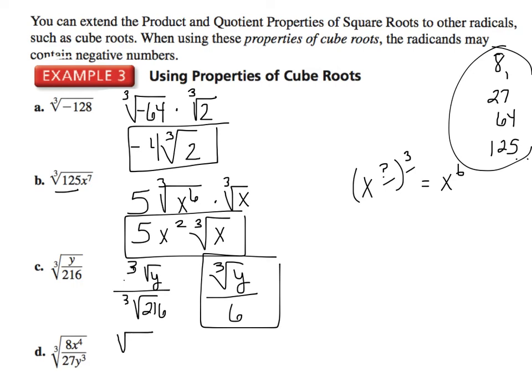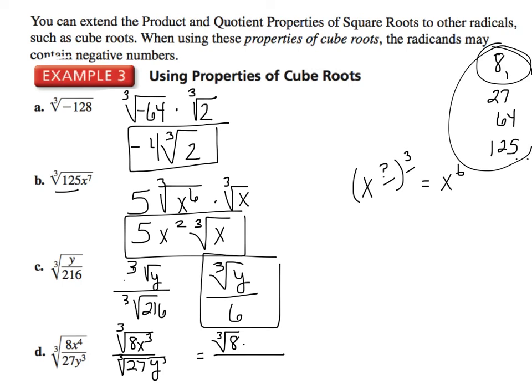Lastly, the cube root of 8x to the 4th over the cube root of 27y to the 3rd. On the top, I would have to break this up into the cube root of 8, multiplied.